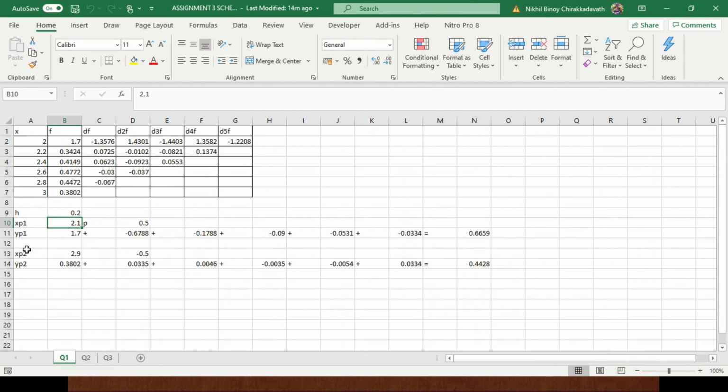So here I use the forward difference table. This is f0. This is p into f0. This is p into p minus 1. P into p minus 1 into del square f0 divided by 2. 4 means 4 significant digits, etc.